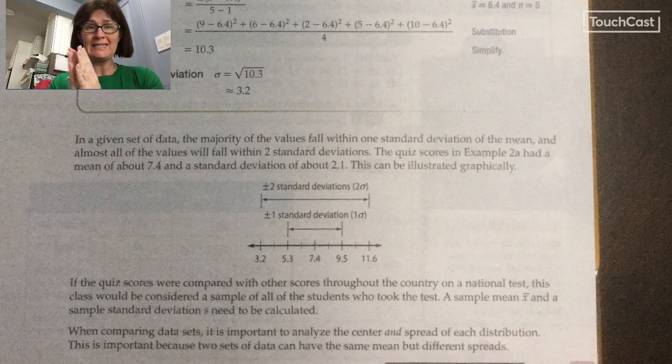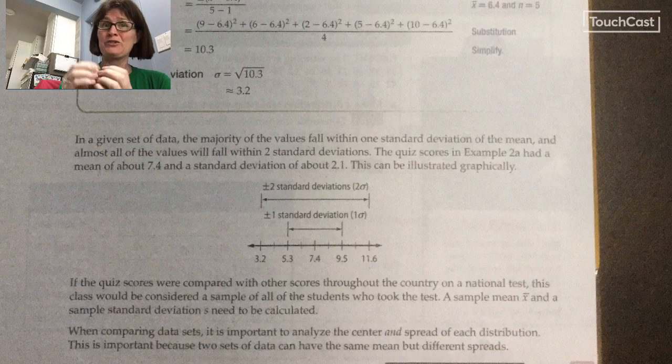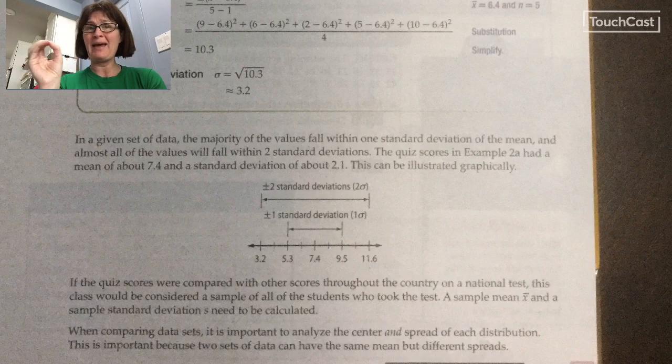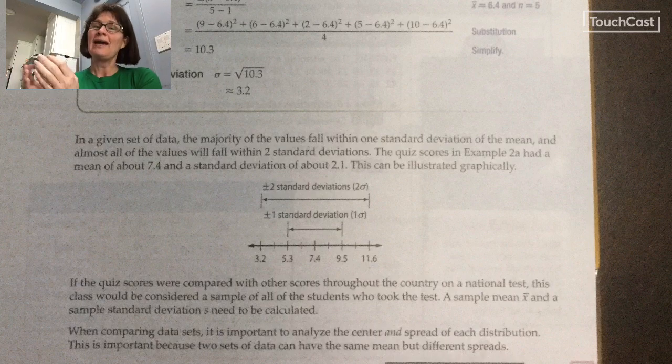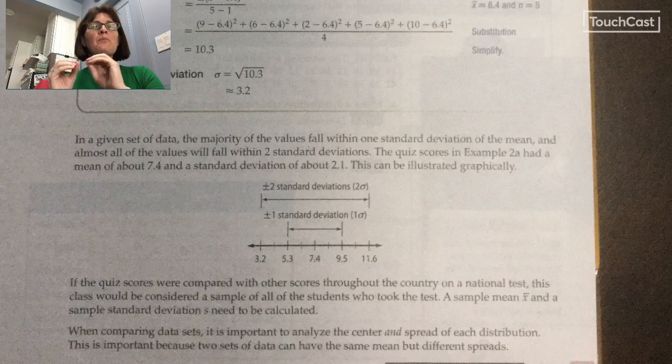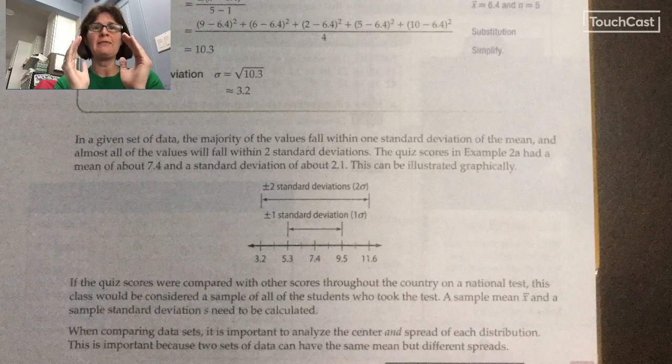For certain kinds of data, which we'll learn to call normal data, but be careful because that word normal is one of those cases where mathematicians use a word that has a meaning in math that's slightly different from what it means in regular English. So for specific kinds of data sets, and data that comes up almost, we might even say, most of the time, the data mostly falls within one standard deviation of the mean.